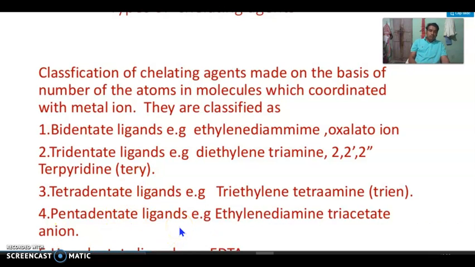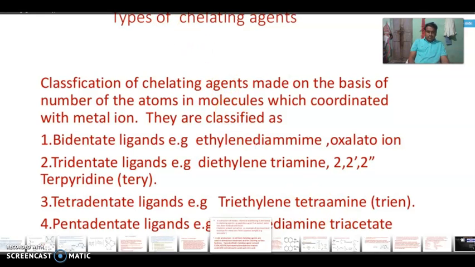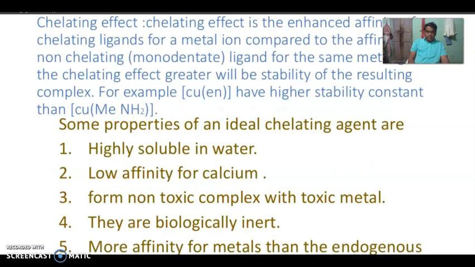If one ligand forms six bonds with a single metal, then it is called a hexadentate ligand, for example ethylene diamine tetraacetic acid, which we can also simply call EDTA.